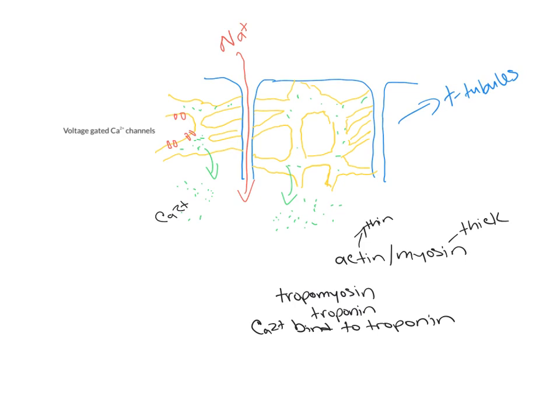That slightly changes the shape of troponin, causing the troponin-tropomyosin complex to move away. Remember, troponin sits on tropomyosin, and this is going to cause this complex to move away. What is it moving away from?